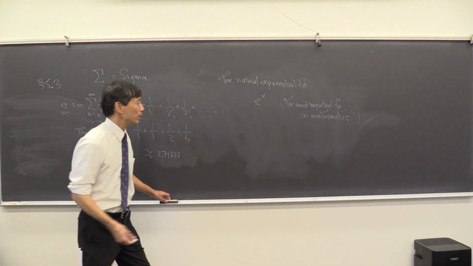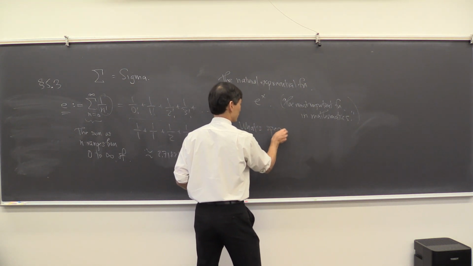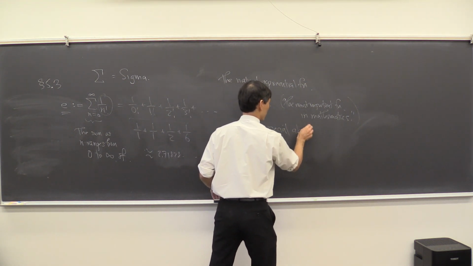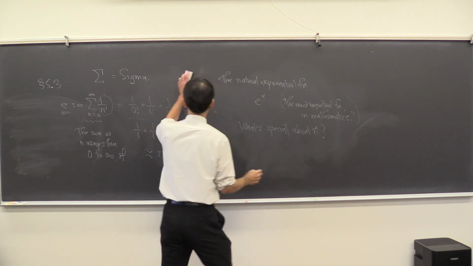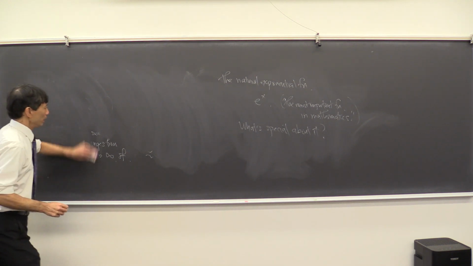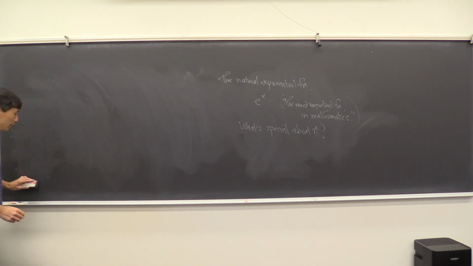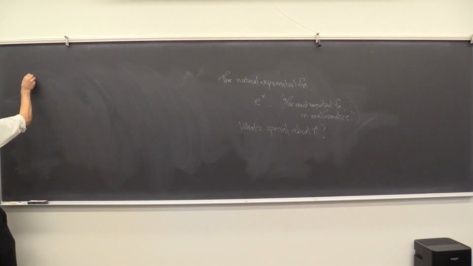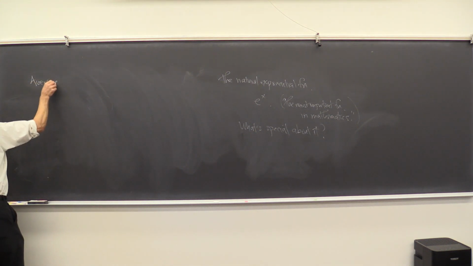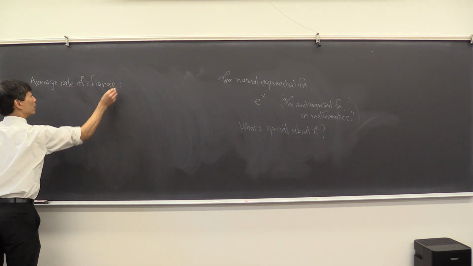So what's so unusual about it? What's special about it? To understand that, we have to introduce a kind of variation on the idea of average rate of change. So remember average rate of change, right?